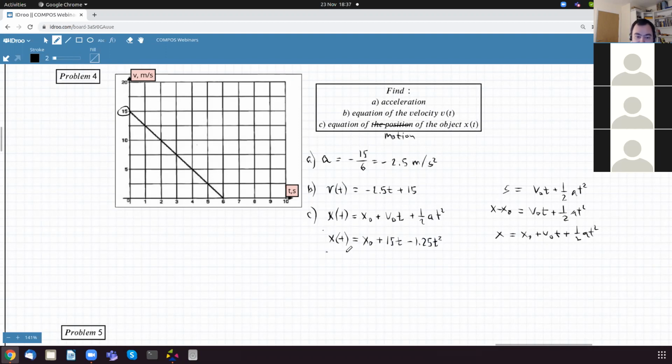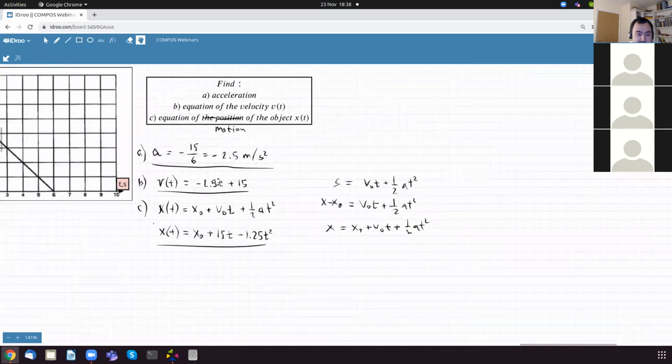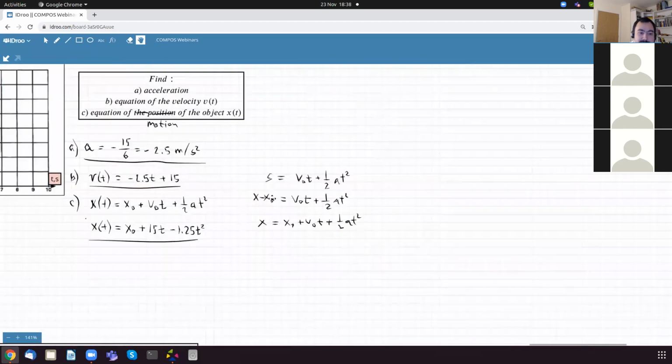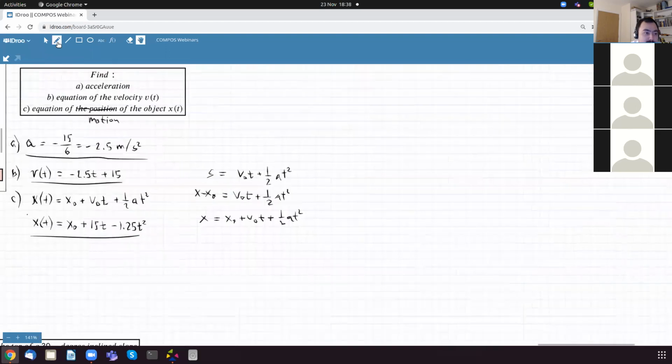This is the equation of motion. This is the velocity, and this is this. And yes, Jakub said integrate. Of course we can. We can do it in two different ways.